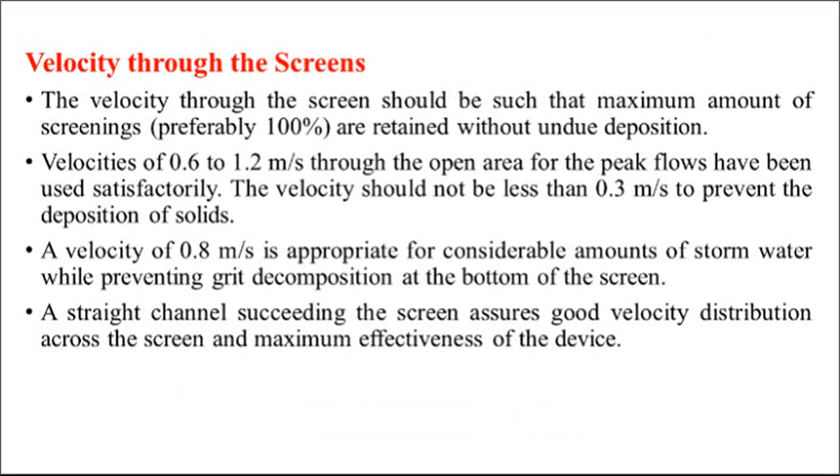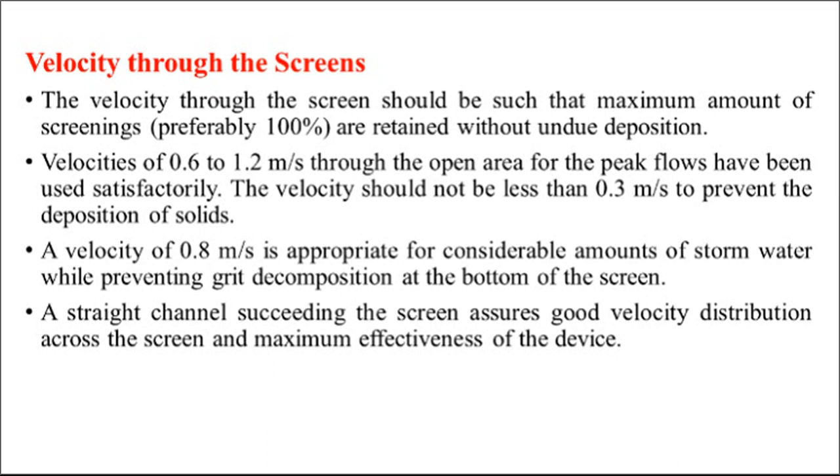The velocity and head loss play a very important role as far as design of screen is concerned. So the velocity through the screen should be such that maximum amount of screenings are retained without undue deposition.